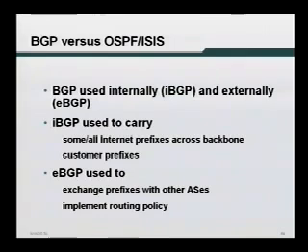EBGP is used to exchange prefixes with other autonomous systems, and is used to implement routing policy. Okay? I sometimes try and point out that IBGP and EBGP are different. EBGP is used to communicate routing information between your network and another network, whereas internal BGP is to provide connectivity with your network and outside networks or the rest of the internet.